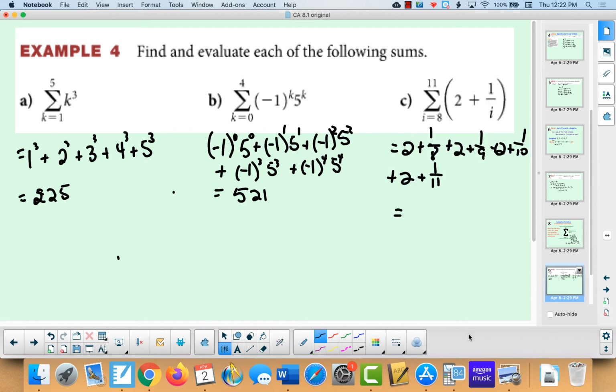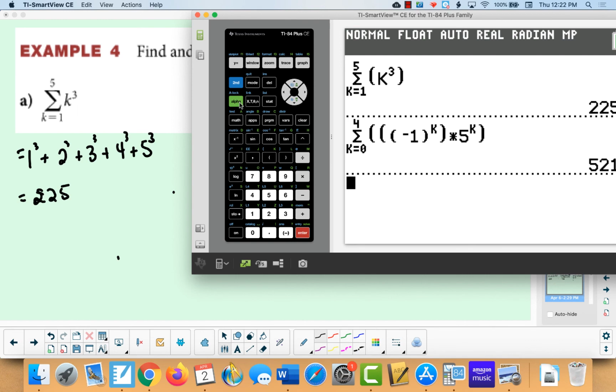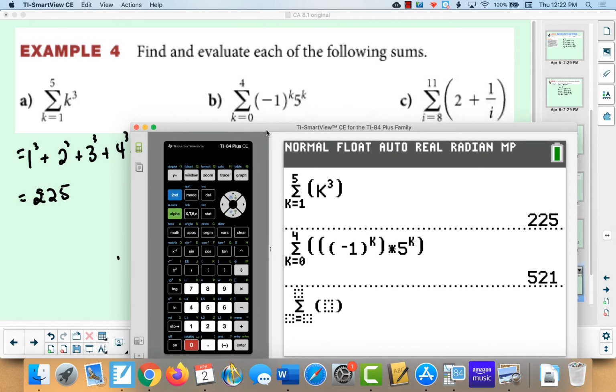Okay, and then my calculator, math 0. So this time I have I. It actually doesn't matter which letter you pick. If you want to keep going with K, that's fine. If you get confused because you see an I here, go ahead and put I in. So I's here above the x squared. So I equals, and then it's 8 to 11. And then we're going to put in the 2 plus, and then I have a fraction.